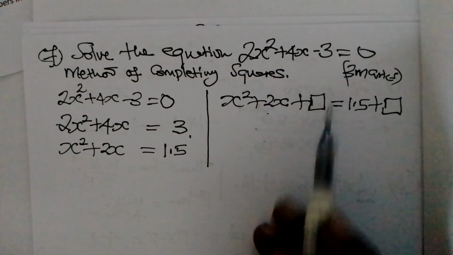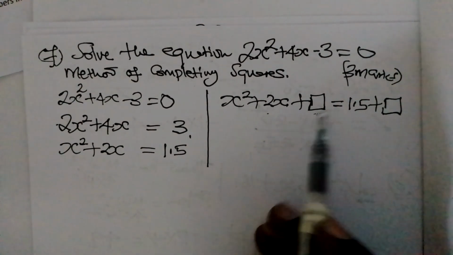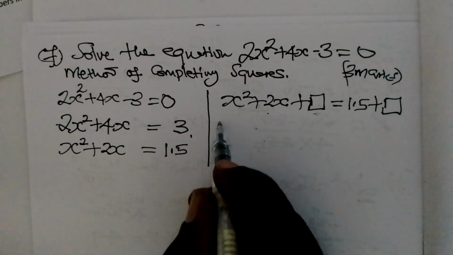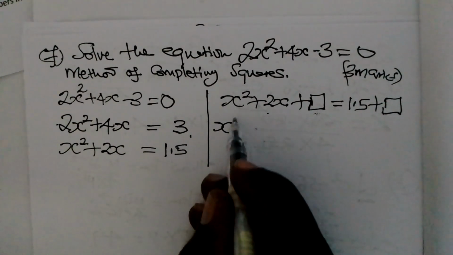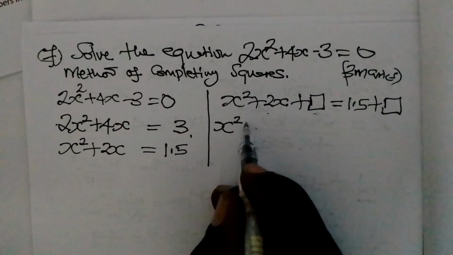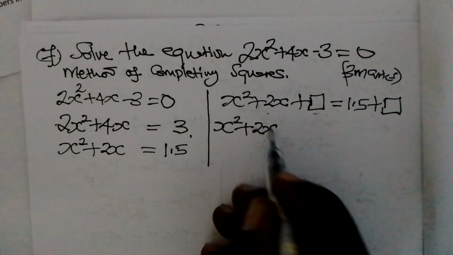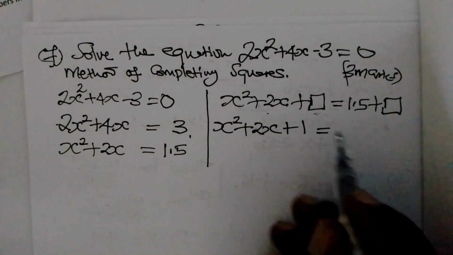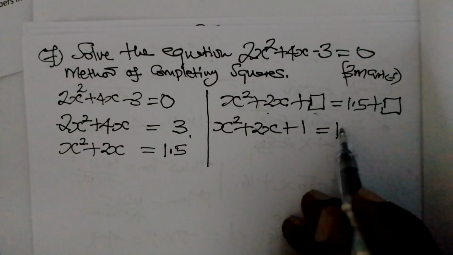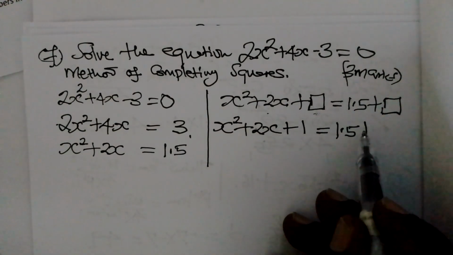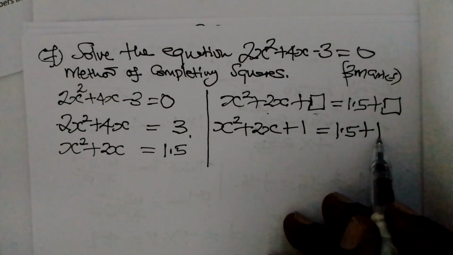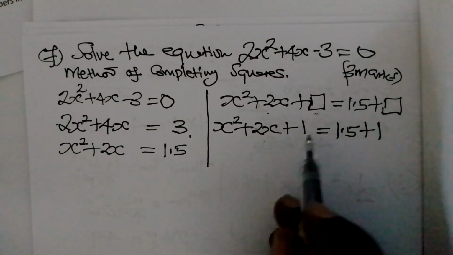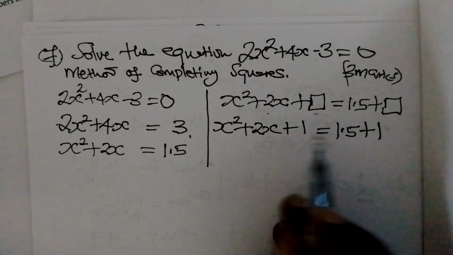So this term here will be equal to 1. Therefore, we are going to have x squared plus 2x plus 1 is equals to 1.5 plus 1. So we've added 1 on both sides to balance our equation.